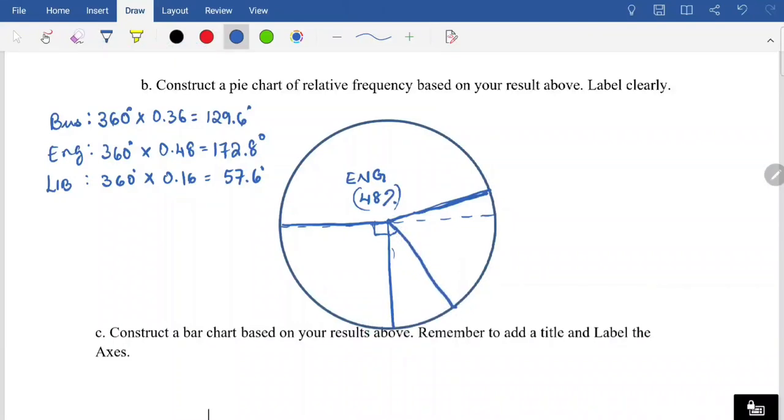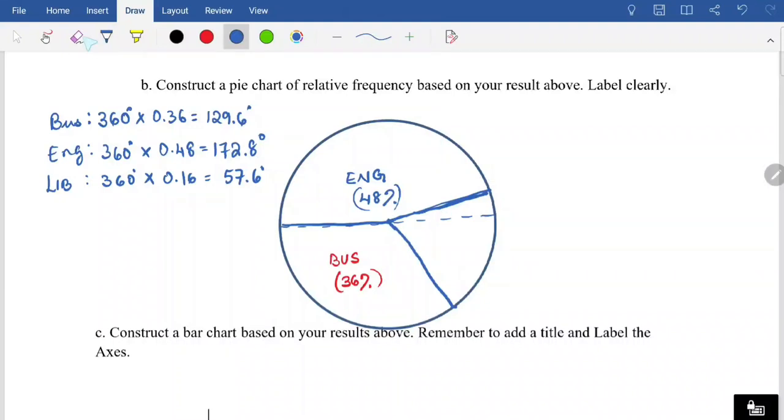Okay, so now let me use my eraser to get rid of these. Okay, so that's going to be roughly our business, right? So let's write business, and that's 36% from 0.36, 36%, and the rest of it is the liberal arts.